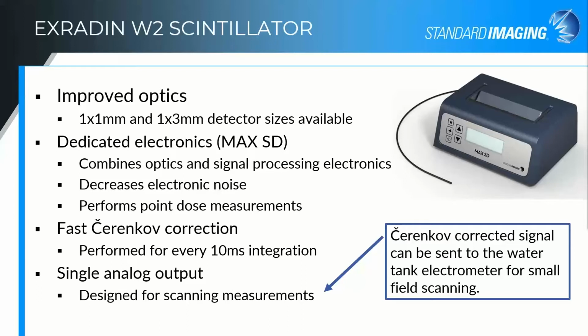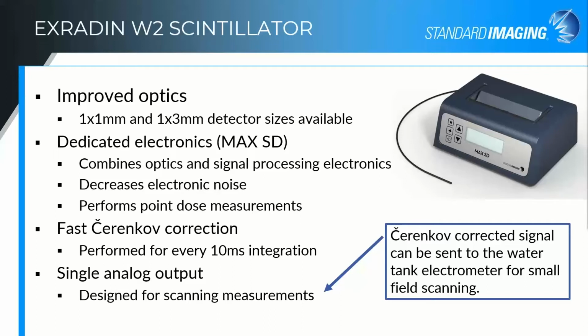The Max SD allows you to do the Cherenkov correction directly with that unit, as well as individual point measurements with the Max SD. But it can also do a very fast Cherenkov correction.